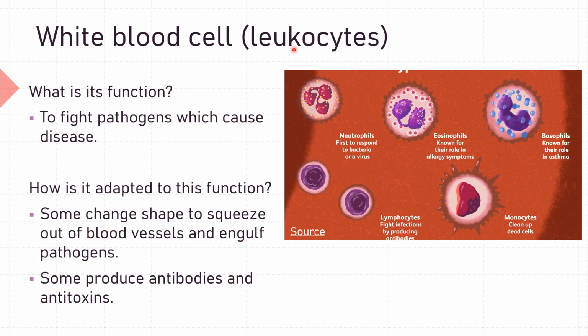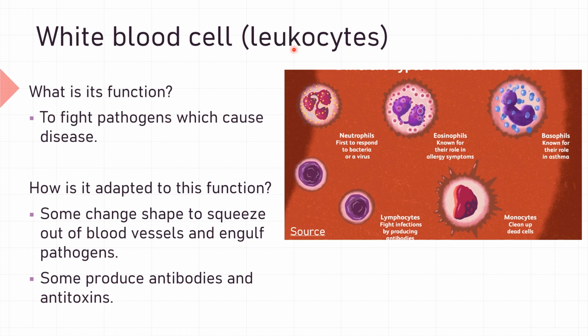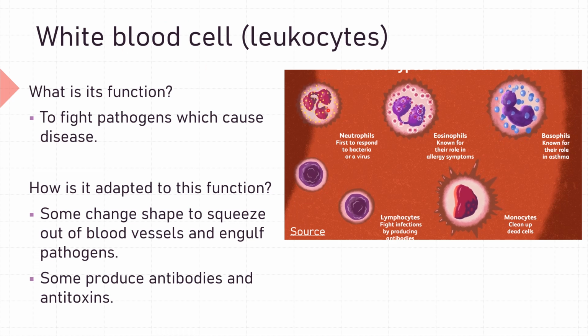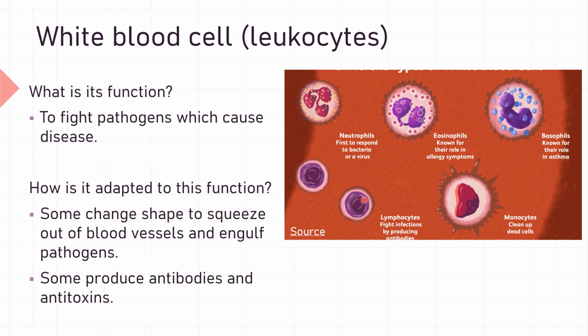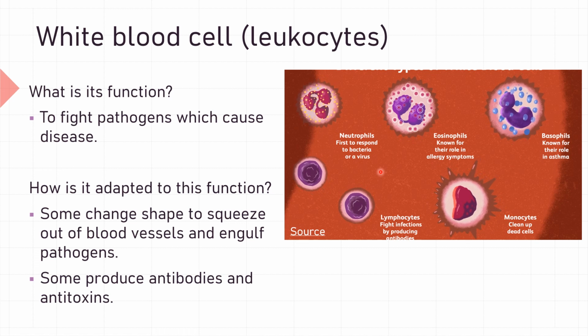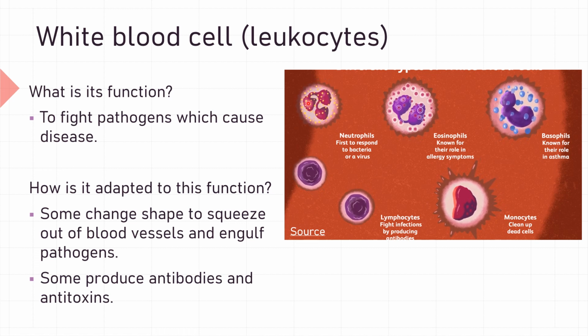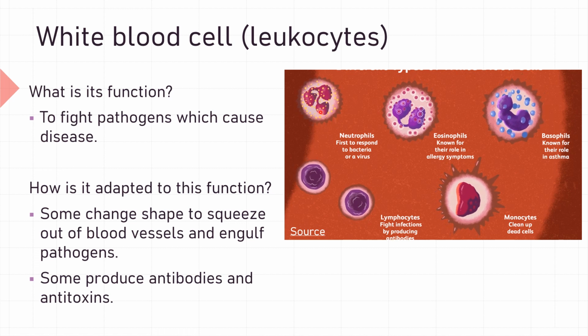The organism that causes some kind of disease we call a pathogen. Regarding white blood cells, we have different types. These different types have different names and different roles or functions in the body, or different ways of fighting. For example, this one here is called neutrophils.